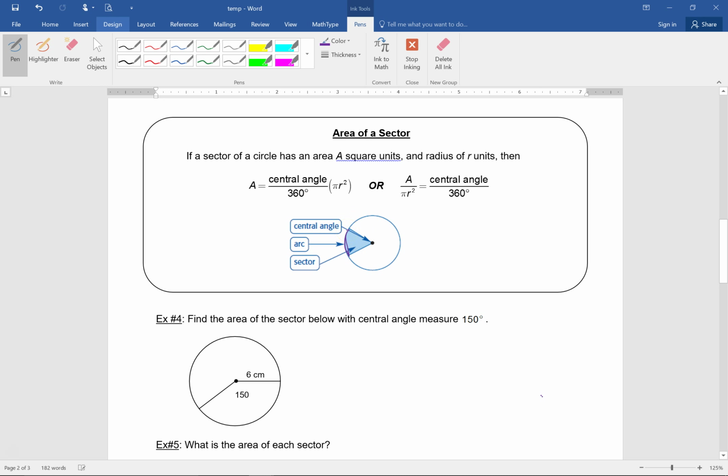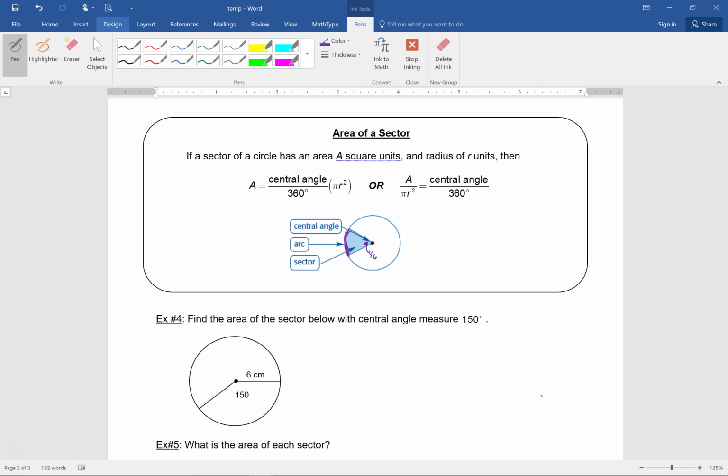And we said that whatever the central angle's ratio was to the 360, so if the central angle was 1/4 of the 360, then the arc length was 1/4 of the circumference. Well, now it's a similar situation. If the central angle is, let's say, 1/6 of the whole 360, then the area covered is 1/6 of the entire area of the circle.